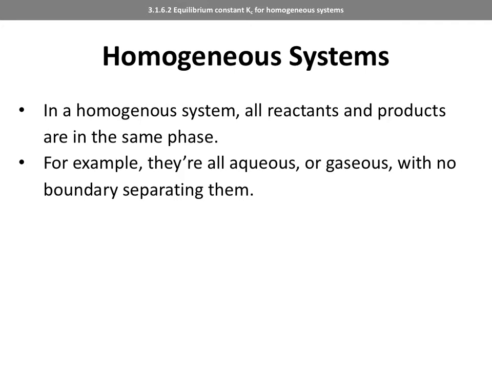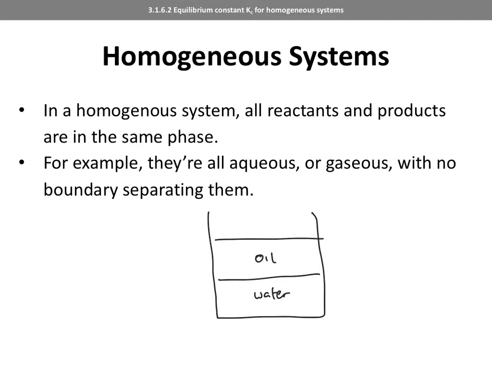The reason we don't use state and instead we use phase is if I basically draw something that you're quite familiar with. So we've got a container with oil and water, and they are immiscible liquids, so they do not mix, so the oil floats on top of the water. Now we could say that they're in the same state because they're both liquid, but they are not in the same phase because there is a boundary between them.